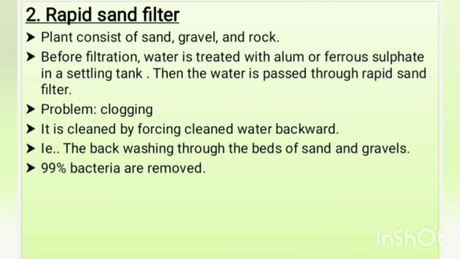About 99% of bacteria are removed by this plant, so it is an effective method of purification. The rapid sand filter plant operates about 50 times faster than the slow sand filter.